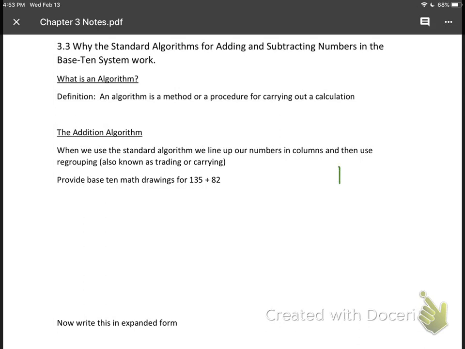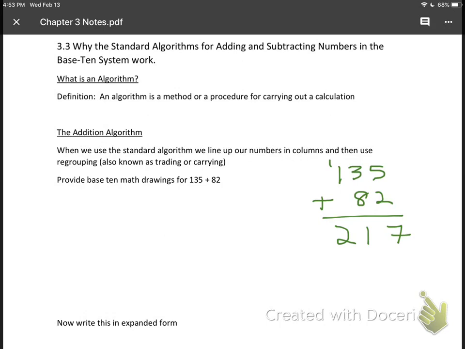So in terms of lining things up, you've got your 135. You put your operation someplace out here. The 82 lines up, and you start from the right, and you add your columns. And so here is your regrouping and carrying. Okay, so I get 217. If I want to do that visually by doing a math grouping, what I would do is the following.